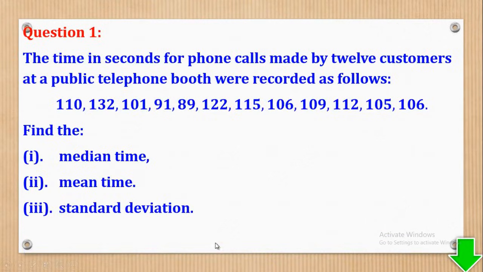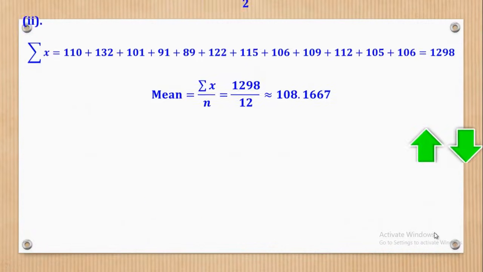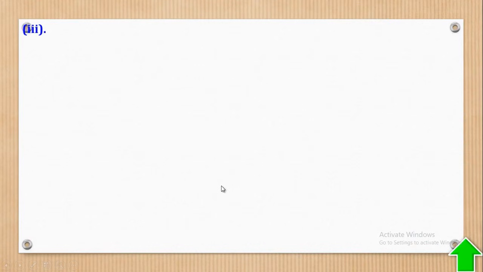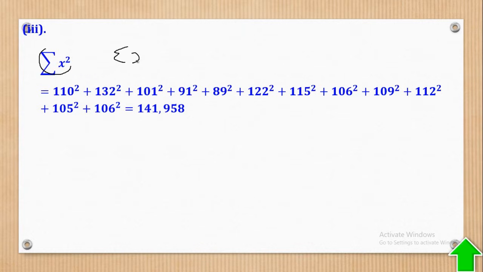Then Roman 3, they want the standard deviation. So remember, for standard deviation we need the value of summation of x squared. So let's first get the summation of x squared. Now some students confuse this summation of x squared with this. There's a difference between when there is a bracket like this and this, just summation of x squared.